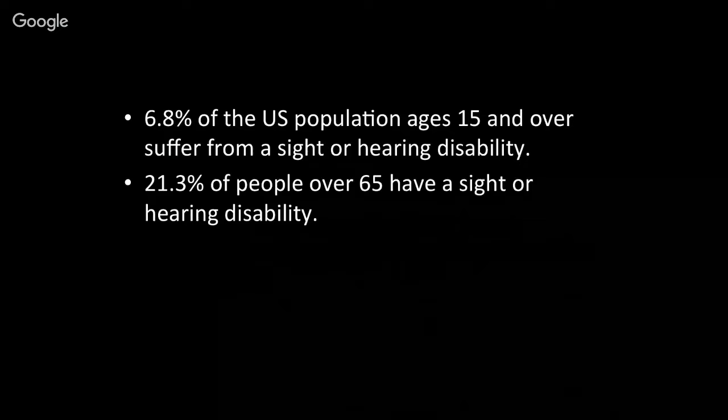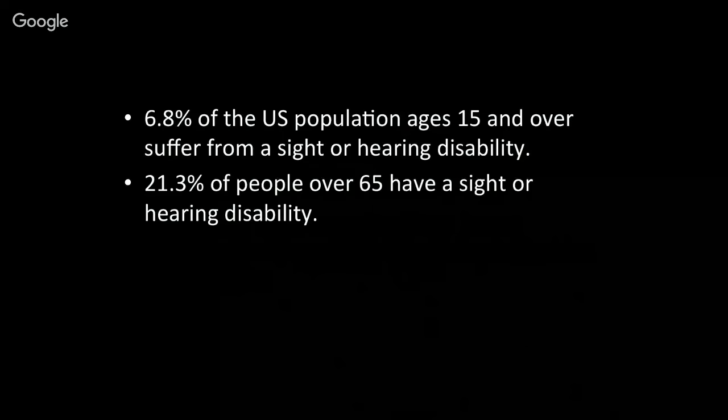It's kind of hard to get numbers of people who use assistive technologies or who benefit from web accessibility, but there are really good numbers on people who have disabilities. And that's a good ballpark to go off of to get an idea of people who are benefiting from accessibility, right? Just in the US, about 7% of the population ages 15 and over have a sight or hearing disability. And that's not even counting the ones who have motor difficulties or cognitive impairments, right? This is just sight and hearing.